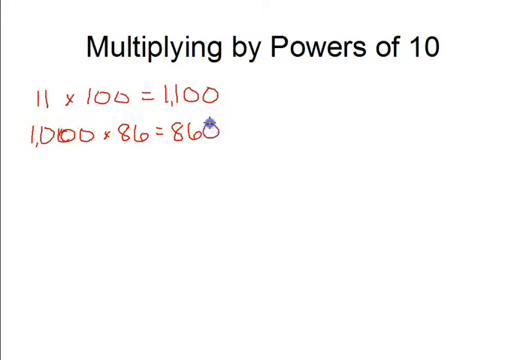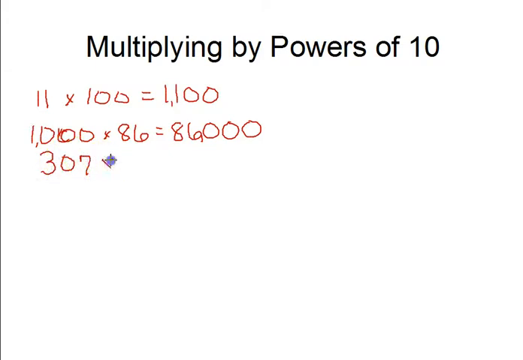So we write 1, 2, 3. And then 1, 2, 3, and the comma goes right there. So 1,000 times 86 gives us 86,000. And that might seem a little complicated of a method, but it will make sense for the latter half of this video.